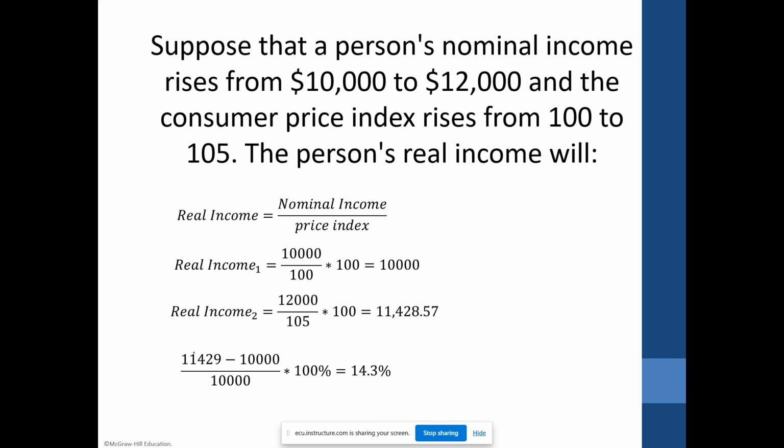Then we calculate the percentage change using the change in real income as the numerator, the initial real income as denominator, multiply by 100%, and see the real income increase by about 14 to 15%.